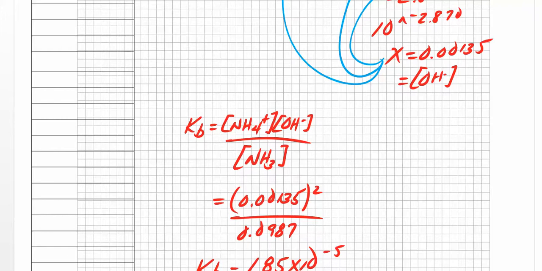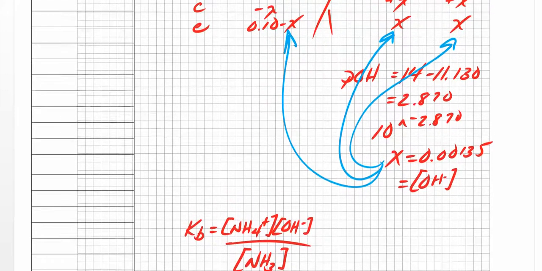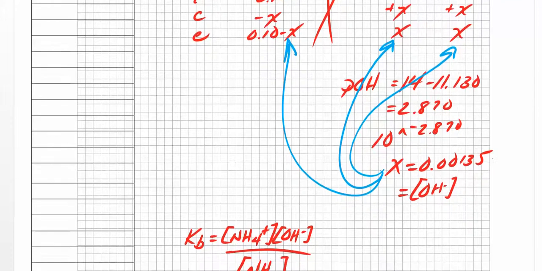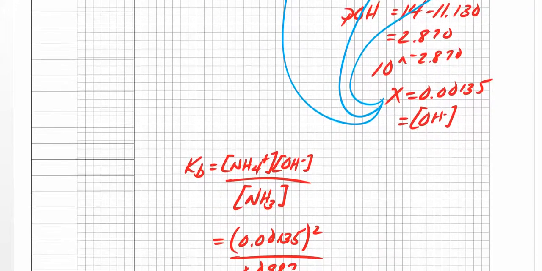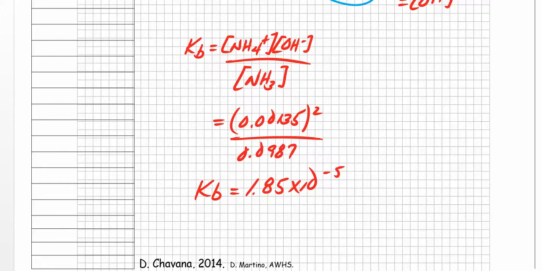Then remember in the NH3 column, we had 0.10 minus x, really that should be 0.100 minus x, we get this number. So you do the calculation, this is what I got, 0.0987.